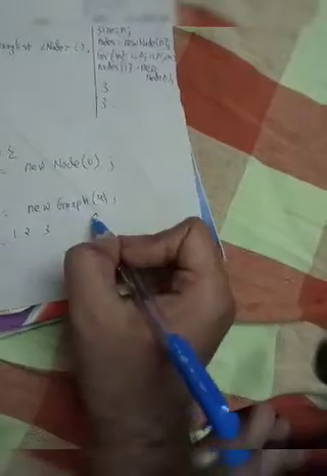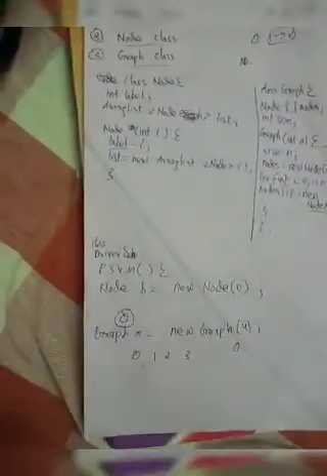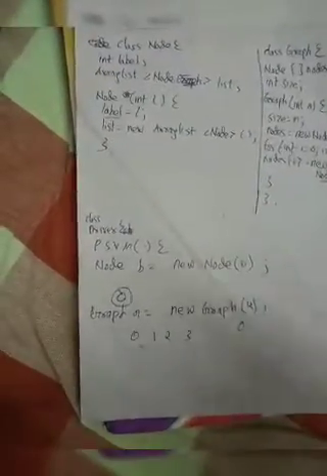The array contains these elements, and each element, as we know, if we do node of 0, will have its label, and it will also have its array list, but the array list is empty now.